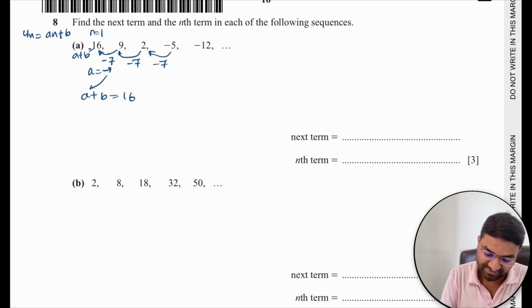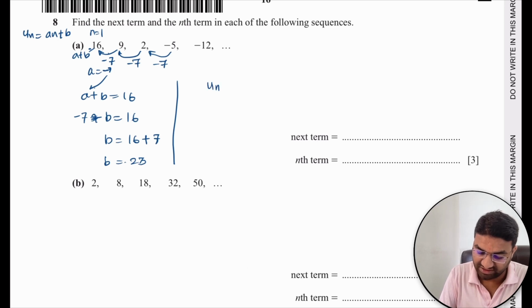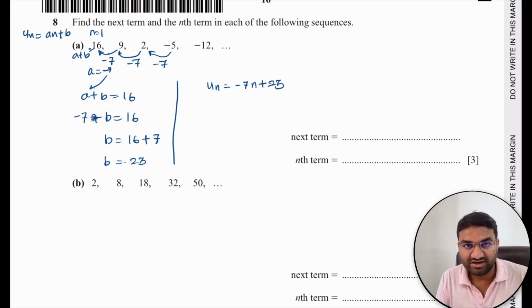And a is equal to minus 7. This is the theory part. If we substitute a as negative 7 in a plus b equals 16, we get b equals 16 plus 7, that is 23. So b is 23, which means our nth term is negative 7n plus 23.